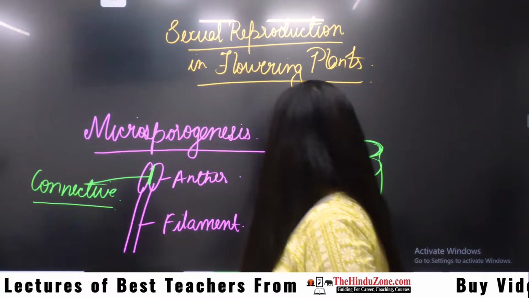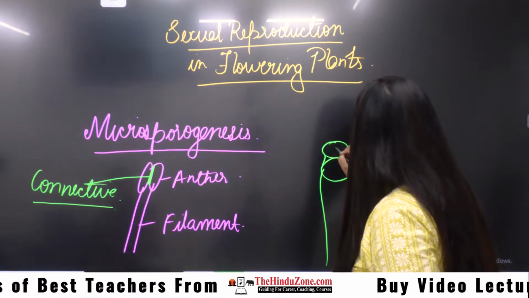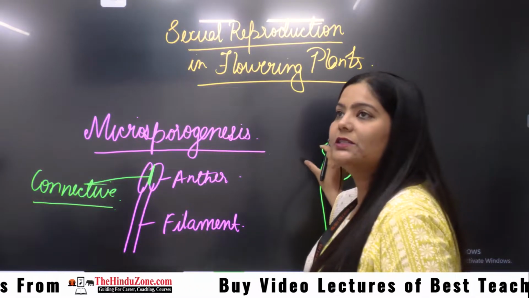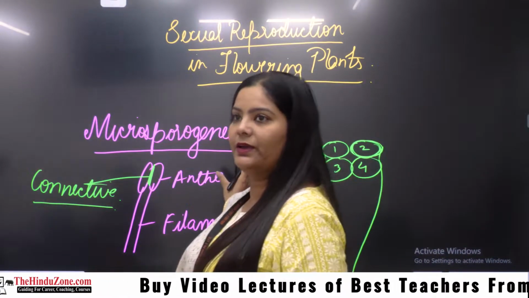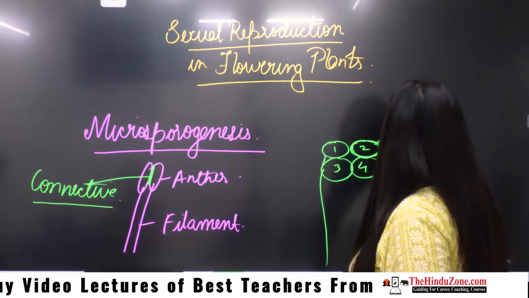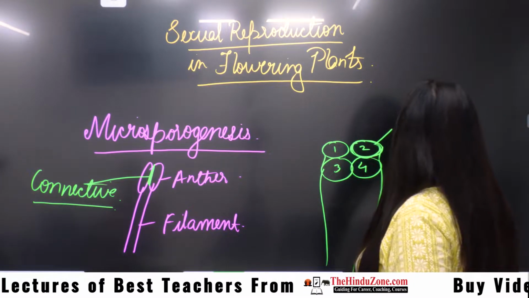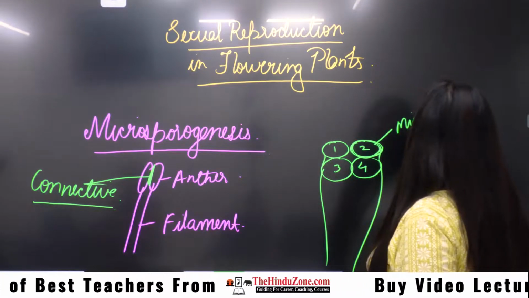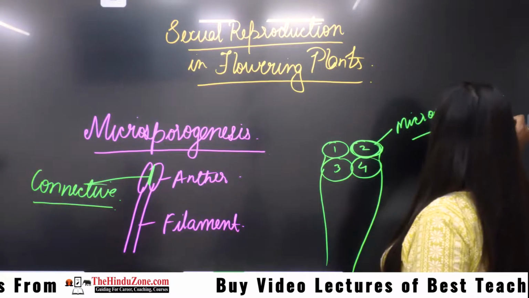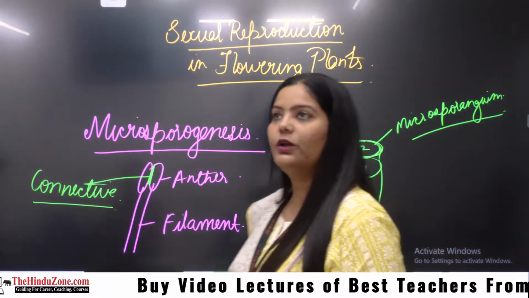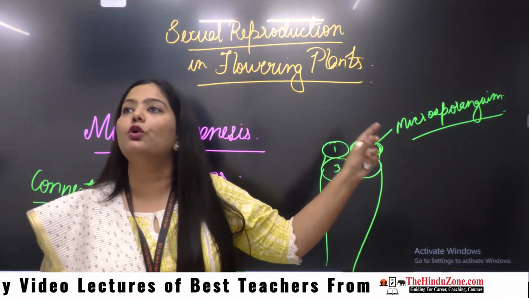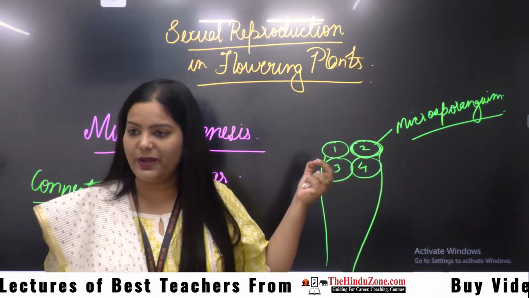So 1, 2, 3, 4, a total of these 4 bags we have, and each bag we now call a microsporangium. This is the region where sporogenous tissue is present.